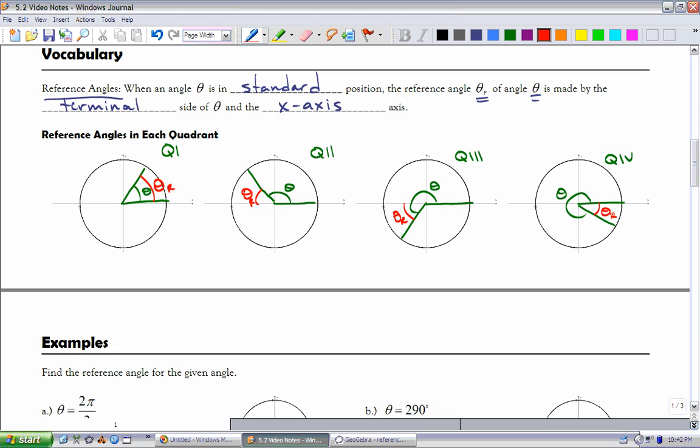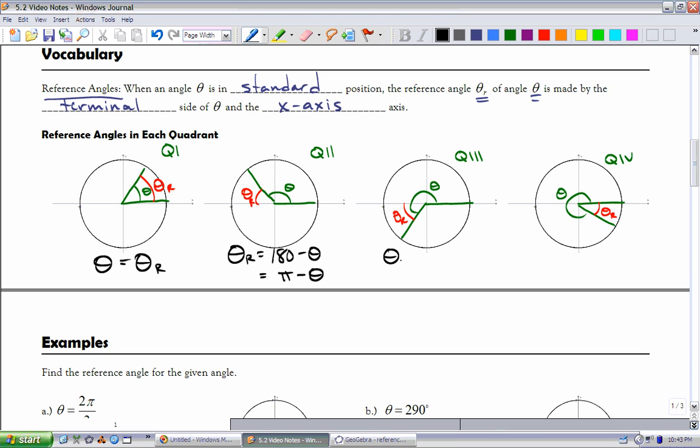So let's set up some rules of thumb here. Because we're going to deal with radians, I'm going to put this in radians and in degrees. As a general statement, in quadrant 1, theta equals its reference angle. In quadrant 2, the reference angle is going to equal 180 degrees minus theta, or pi minus theta, because that's in radians.